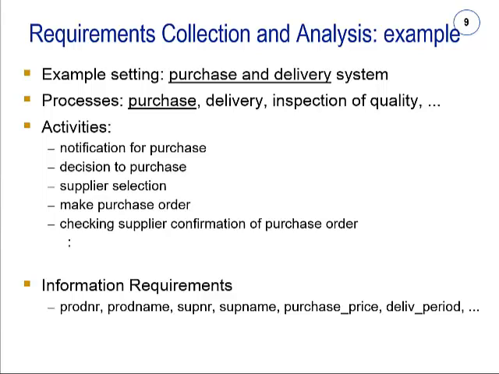Information requirements such as the product number, the product name, the supplier number, the supplier name, the purchase price, the delivery period, etc. So a first step in requirements collection is to identify those information requirements.